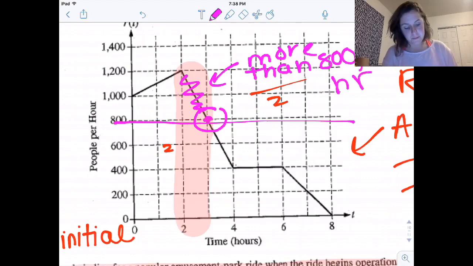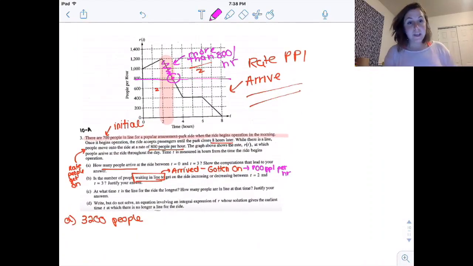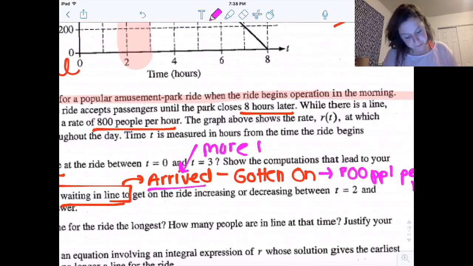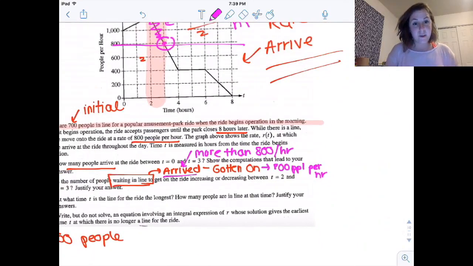So what I'm looking at here is that arrived, I know, is more than 800 per hour. Gotten on, I know, is less than 800 people per hour.